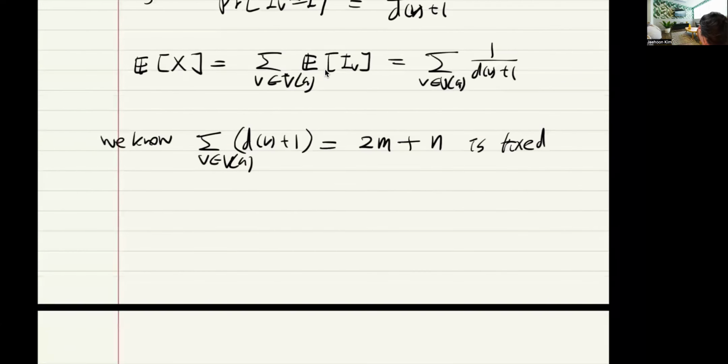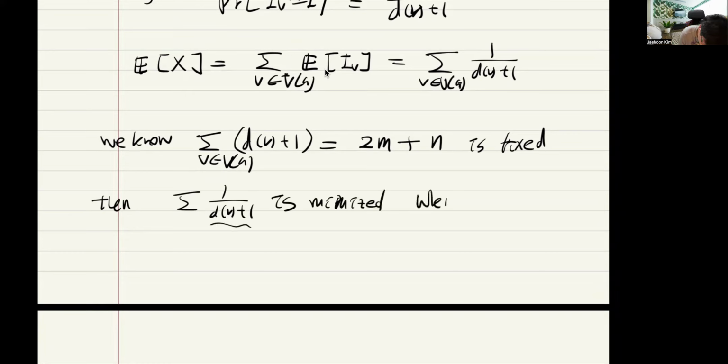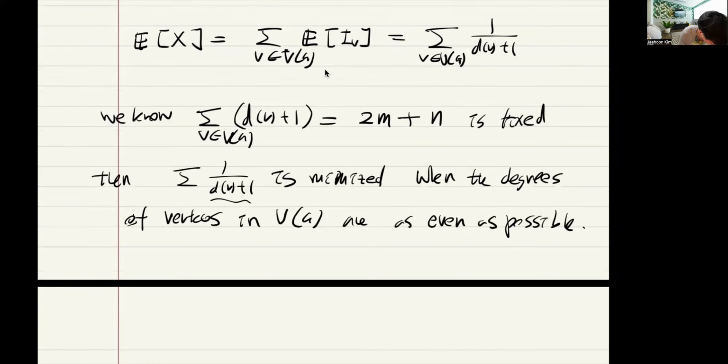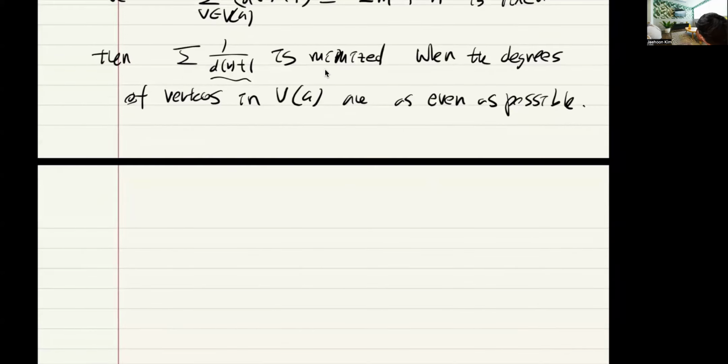Then what do you know? The summation of this is minimized if the degrees of vertices in G, because their sum is fixed, are as even as possible. Then this is minimized.